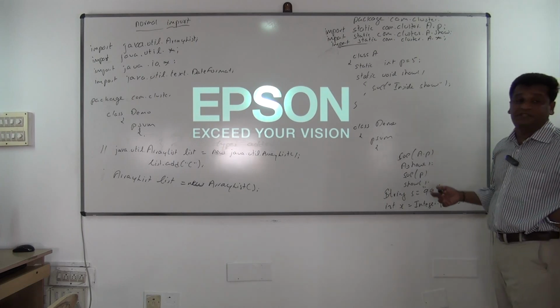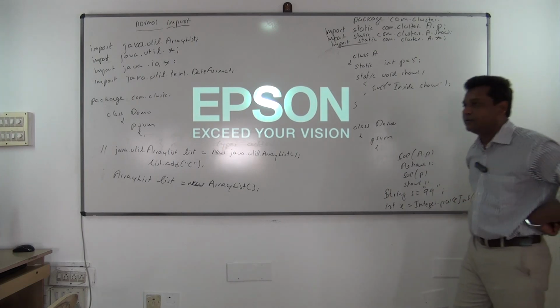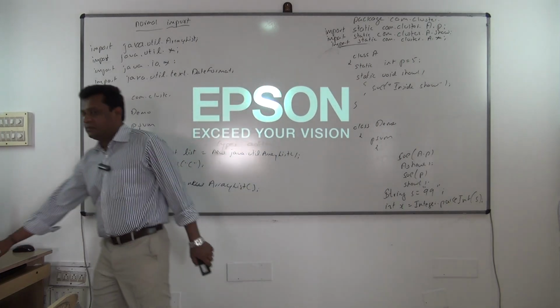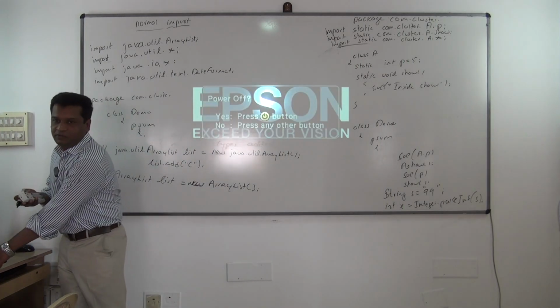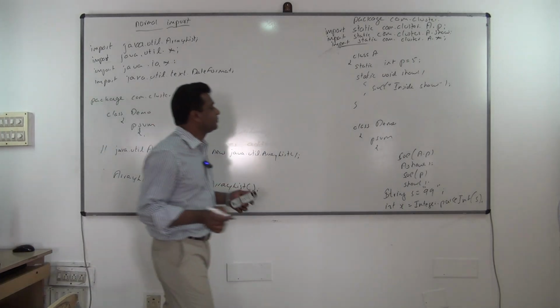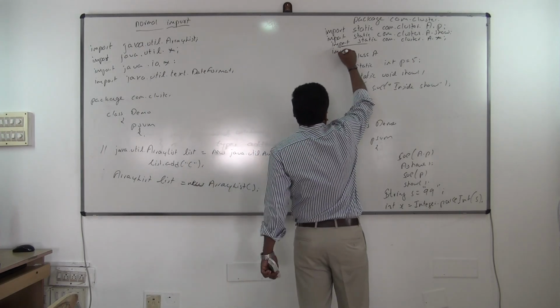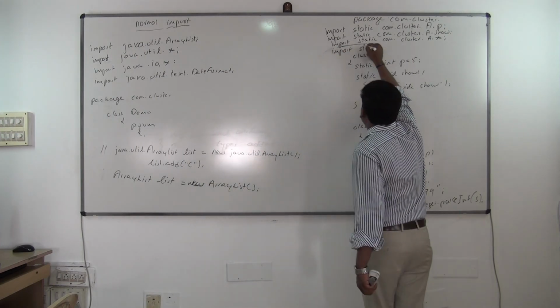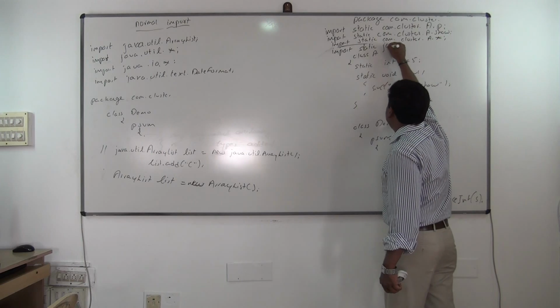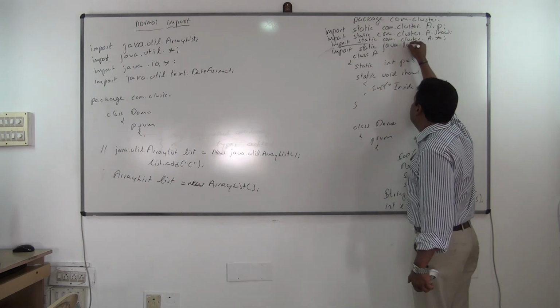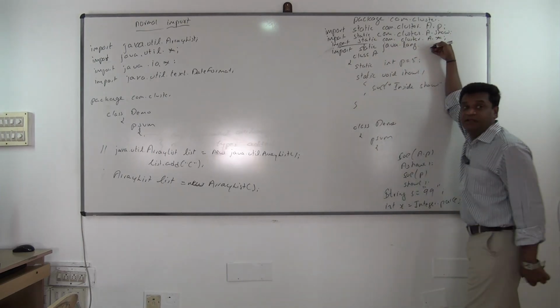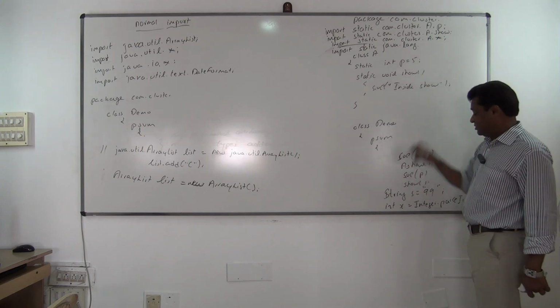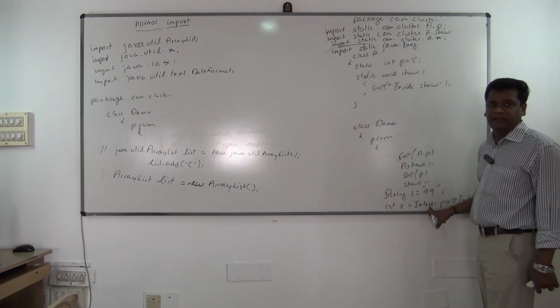But if you use static import, you don't have to use it with the class name. Let's see how you do it. Import static java.lang.Integer.parseInt. The Integer class is there in the lang package.